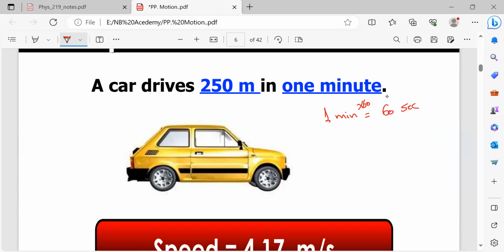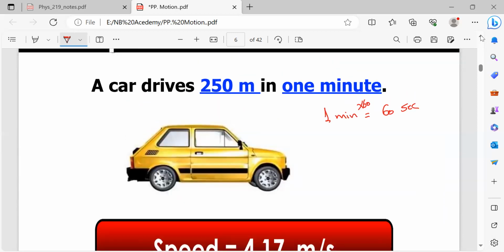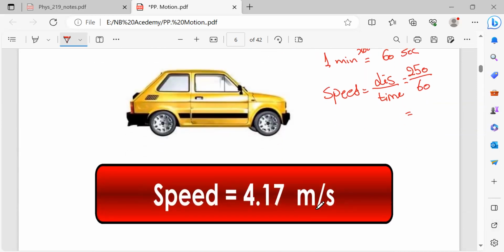So the time in seconds is 60 seconds. So when you divide, speed equals distance over time. The distance here is 250 over 60. And in this case, the answer will be 4.17 meters per second.